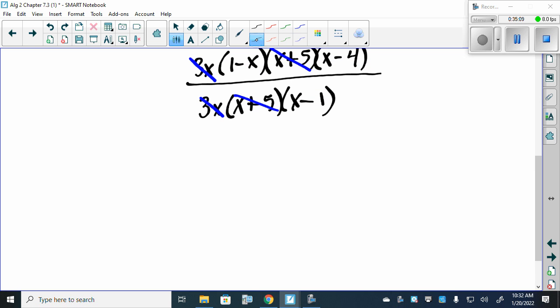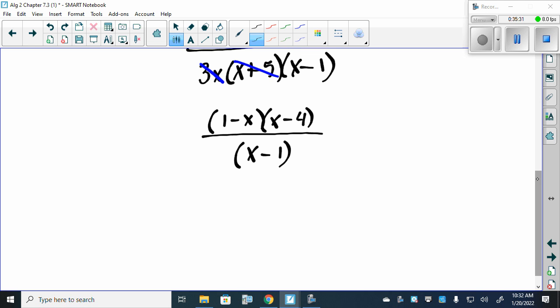Now, before we do that, I'm going to go on and rewrite this back out. 1 minus x times x minus 4 over x minus 1. Now, if we look at the 1 minus x, we do see that it is very similar to x minus 1. It's just the signs for both of them are flipped, yes?